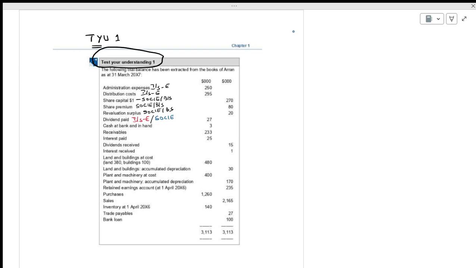Most of the time they'll say prepare only the income statement and balance sheet. Then we show it in the income statement as an expense.